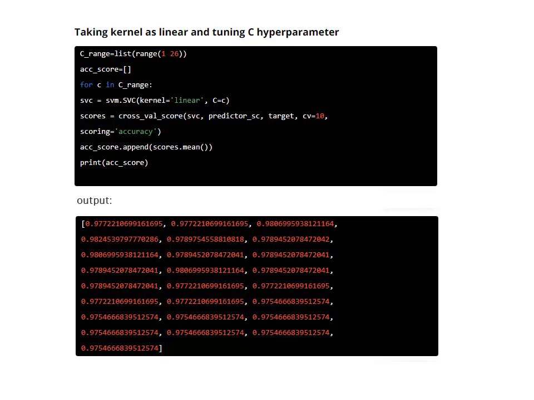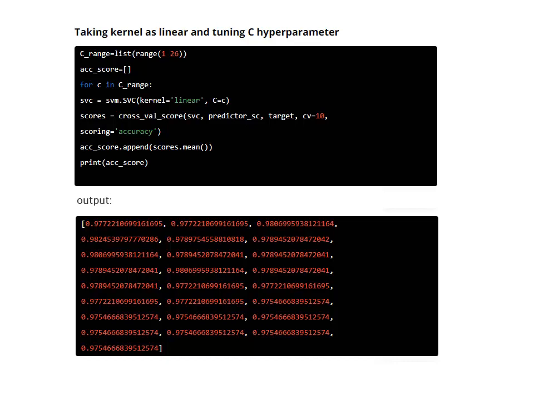Thus, for very large values we can cause overfitting of the model, and for a very small value of C, we can cause underfitting. Thus, the value of C must be chosen in such a manner that it generalizes to unseen data well.